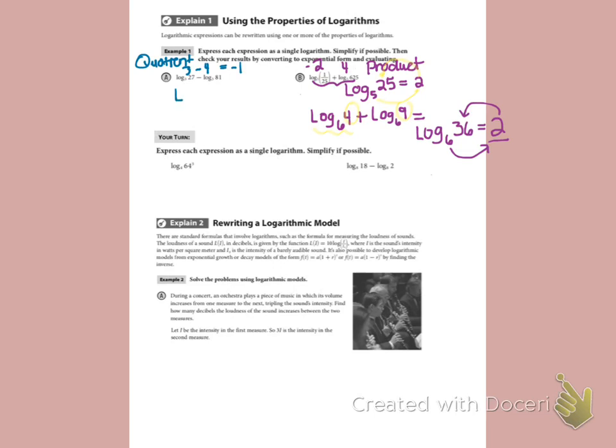Combining these together using the quotient property, I'd write it as the log base 3, still the same base, but this time I'd divide 27 by 81. Off to the side, I'm going to do that because I know that reduces. 27 divided by 81 turns out to be 1/3. So this is like saying the log base 3 of 1/3 is what?